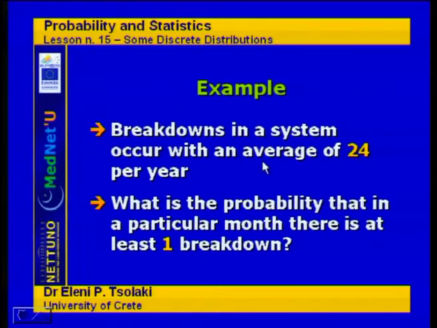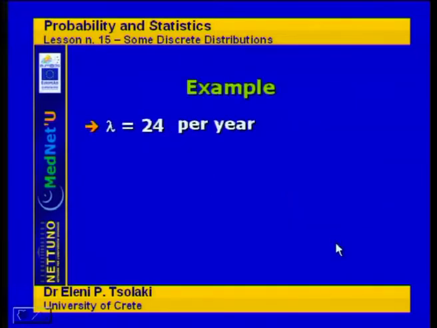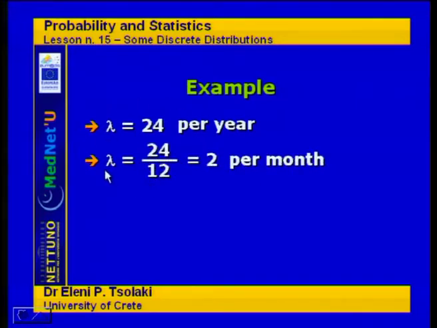Here we gave the rate of the events occurring per year, but our question is for a particular month. So although lambda is equal to 24 per year, in order to use it, we need to translate it to what is going to be per month. So our lambda is 24 divided by 12 months, 2 per month.